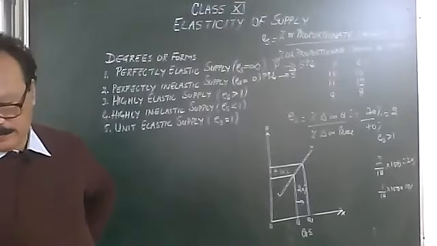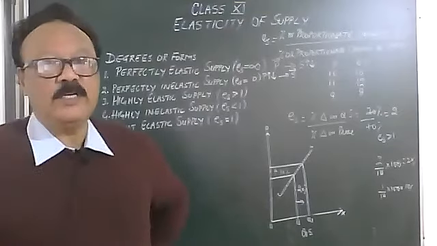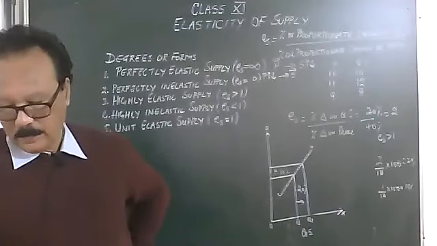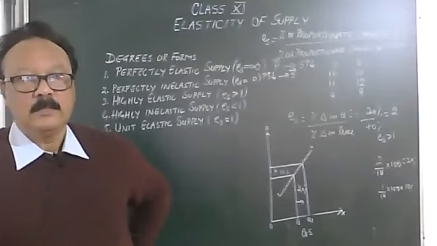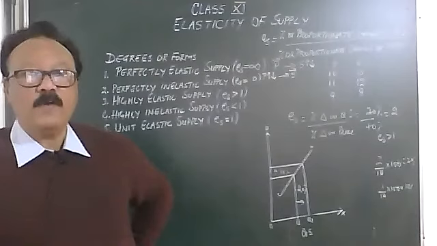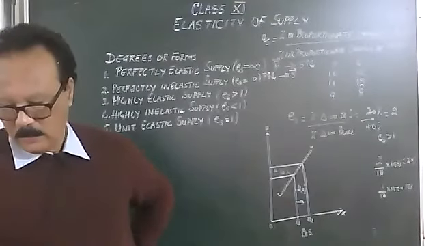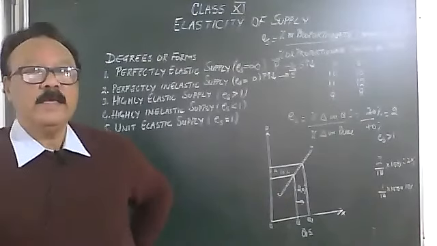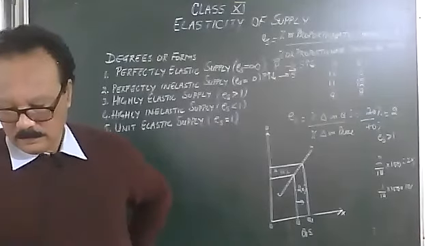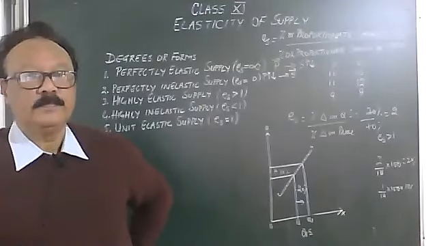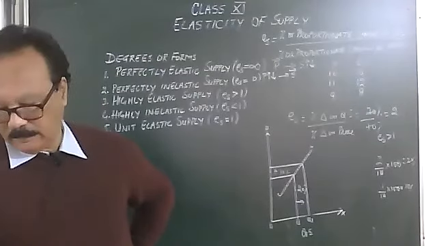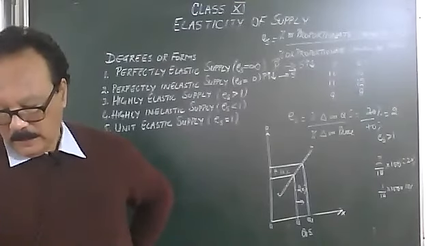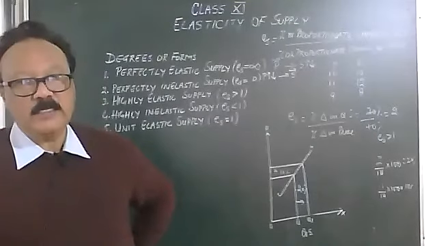When the percentage or proportionate change in quantity supplied of a commodity is less than the percentage or proportionate change in its price, it is termed as highly inelastic supply.